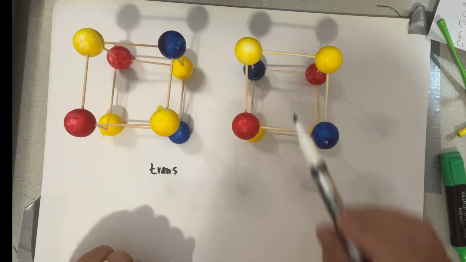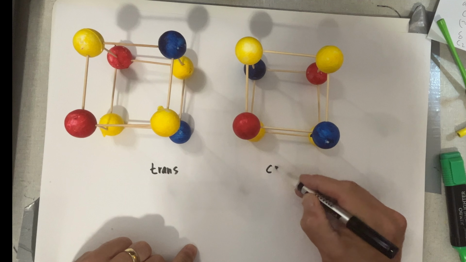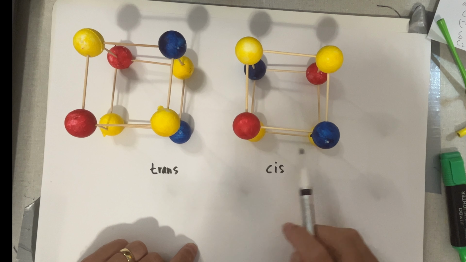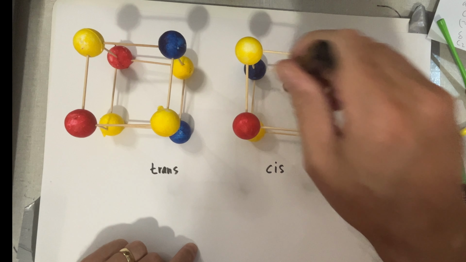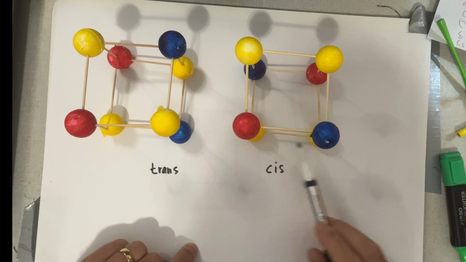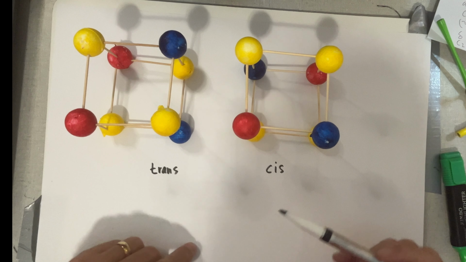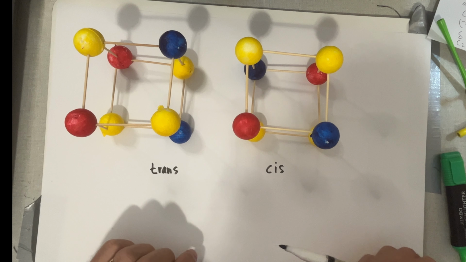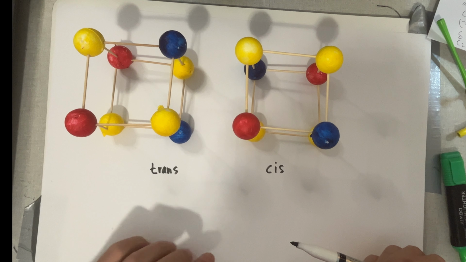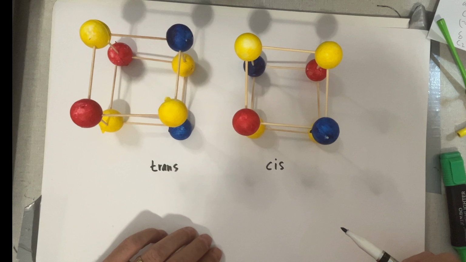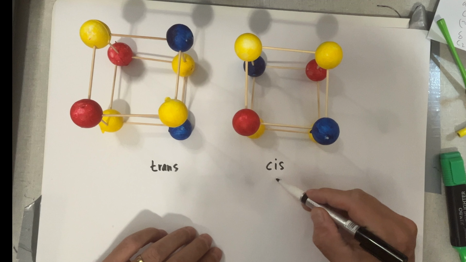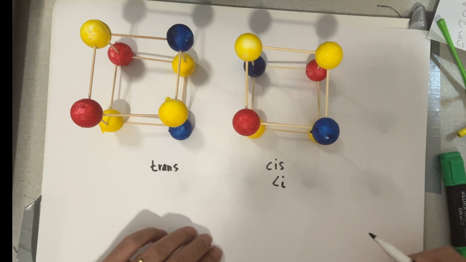In fact, this one now can be described as a cis isomer, because the two chlorines are on the same side with respect to the metals that are right in the middle. So this situation is clearly different from that situation. And in fact, one can go one step further and say, if one is familiar with point group symmetries, this is a Ci point group symmetry.